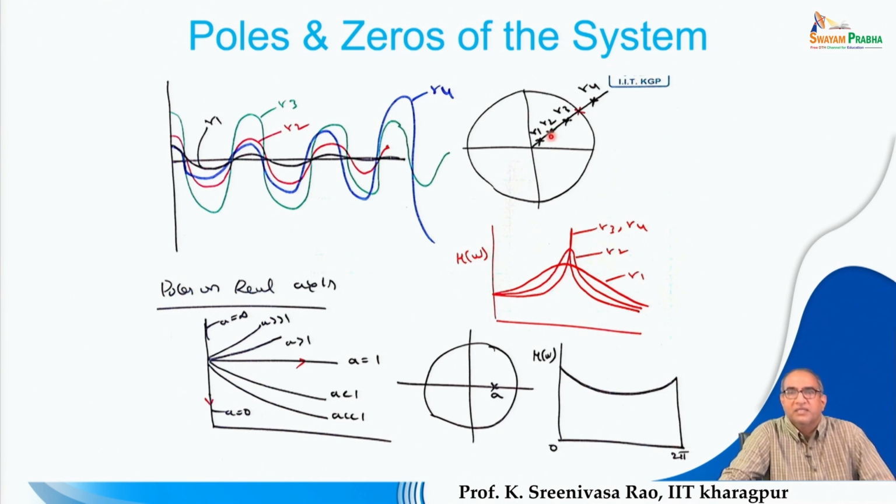It means the energy will be more concentrated in a very small range of frequencies around F1, and so on. Likewise R3 also. R4 is very similar to that, but the sinusoidal will be growing.